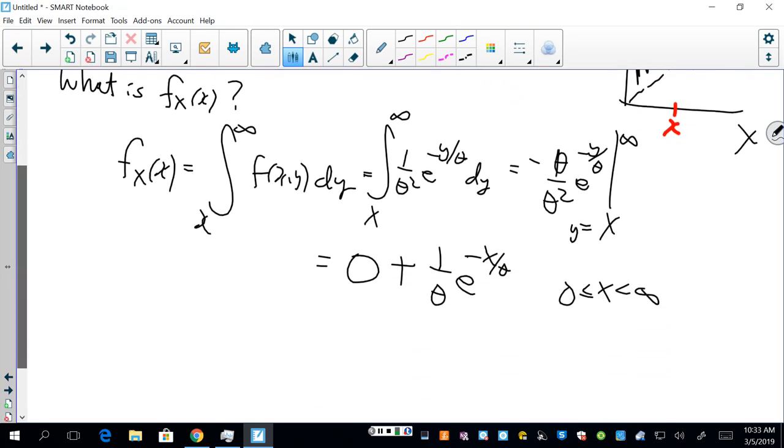And so then x by itself is exponential with this parameter theta. So what is the distribution of x given y?